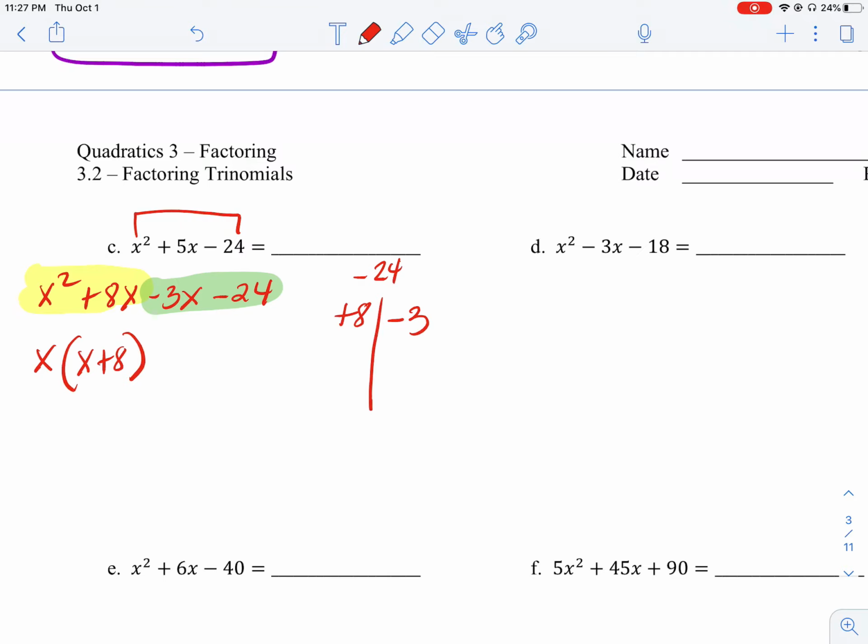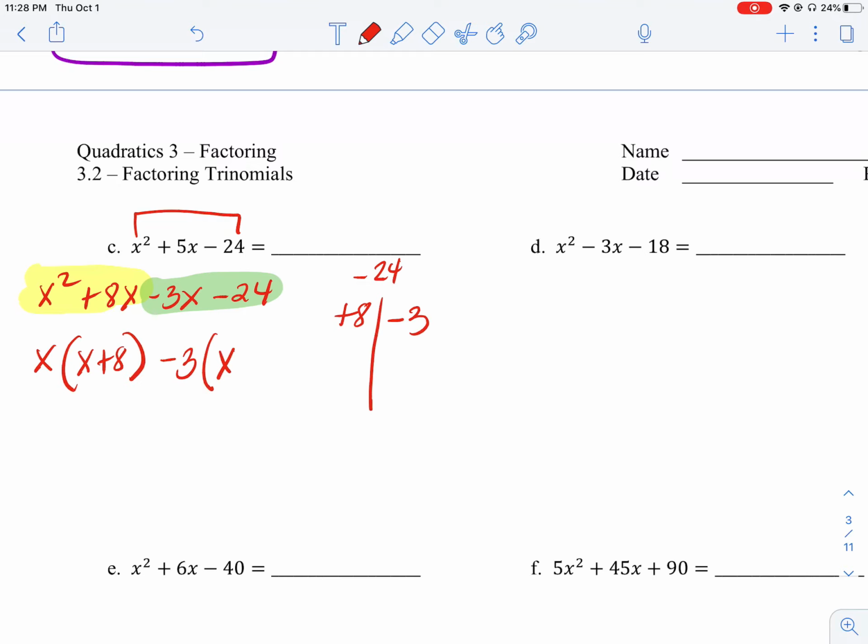Okay, and then I'll go with negative 3x minus 24. I think negative 3 would be common. Not 3x because the 24 doesn't have an x. So you have a negative 3. That is x. What's negative 24 divided by negative 3? Because negative 3 is common. I hope that is making sense.